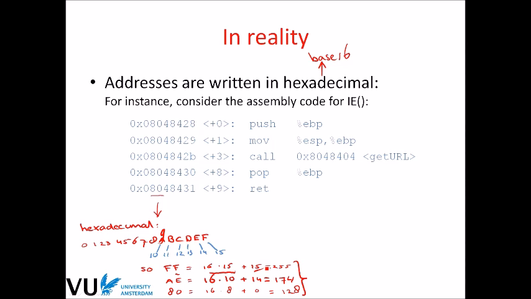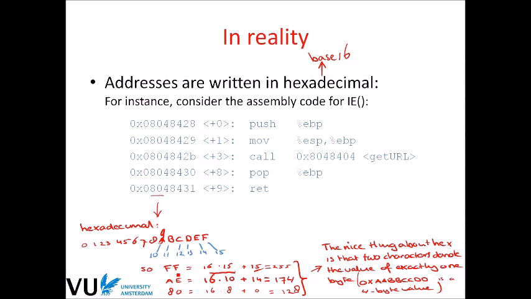So this is 16 times 15 plus 15 equals 255. Likewise, AE is 16 times the value of A, which is 10, plus 14, which is the value of E, is 174, and so on.